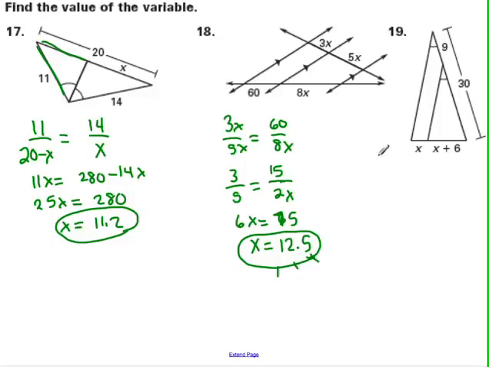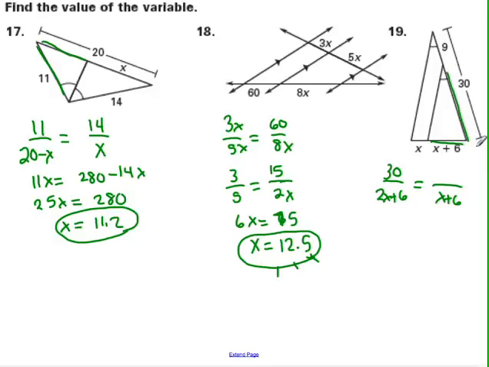Last problem is a little bit more complicated. If we try to use the whole length of 30, that means I have to use the whole length of this triangle. So that'd be 2x plus 6. And that would equal, well, if we talk about comparing this to just x plus 6, something like that, just this part, means I need to talk about just this part of the triangle.